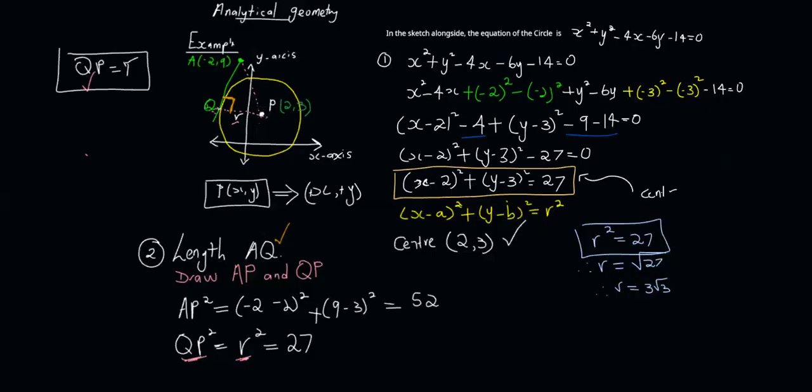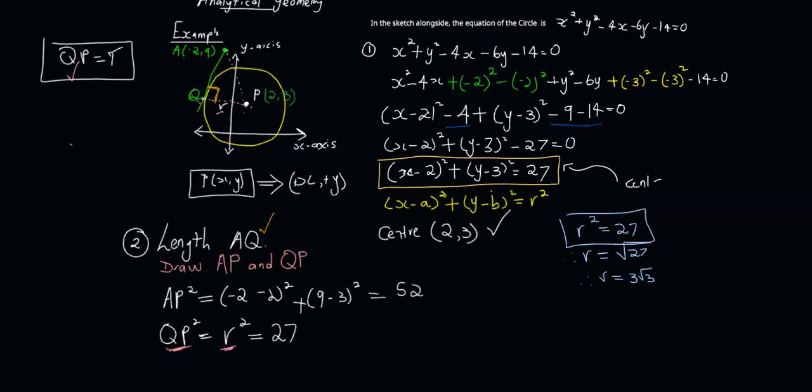And then from there, lastly, since they wanted us to find the length of AQ, you can now use the theorem of Pythagoras, because we normally use the theorem of Pythagoras only in a right angle triangle.